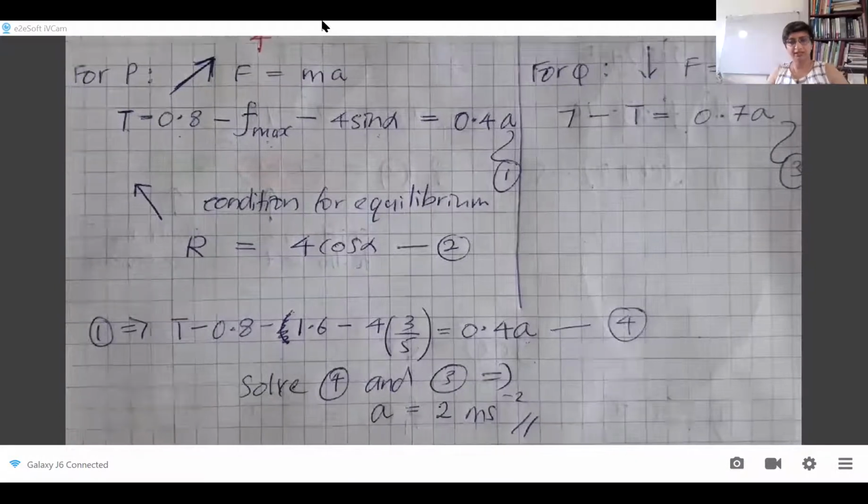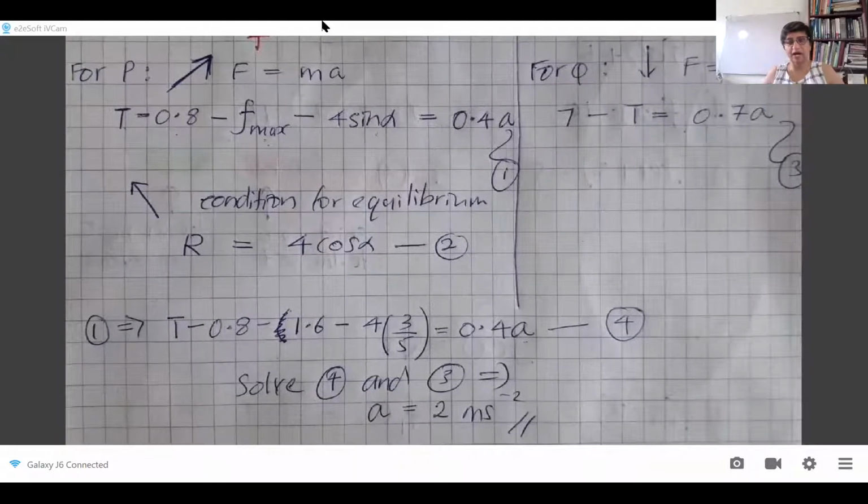What you have to learn in this, now that I'm doing these questions with you, is that we have only done 2 questions on connected particles. So it's okay if you are not fully comfortable yet. We'll do the third question also.